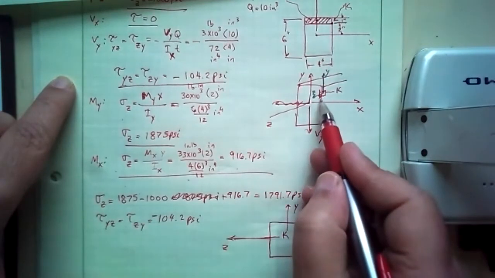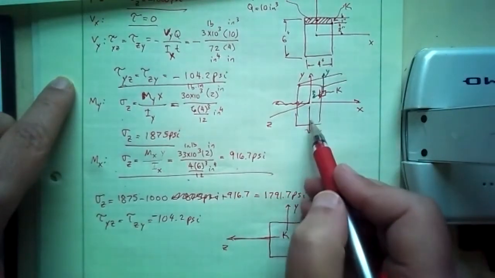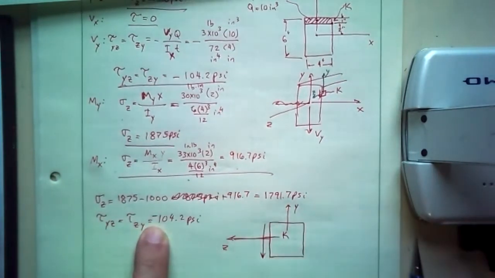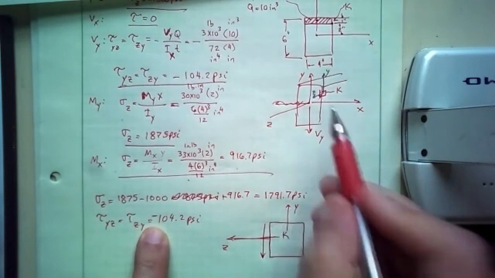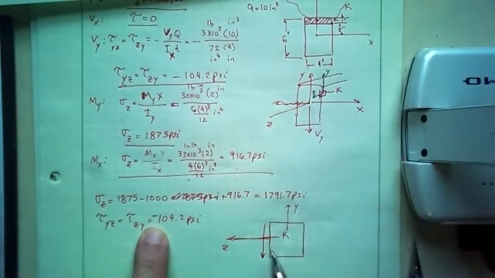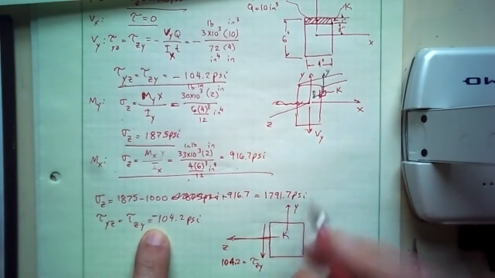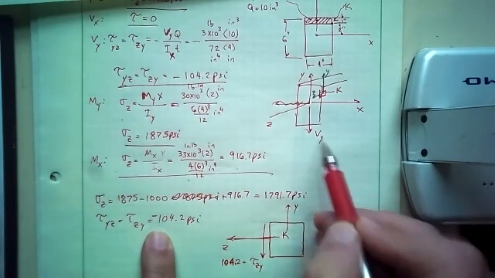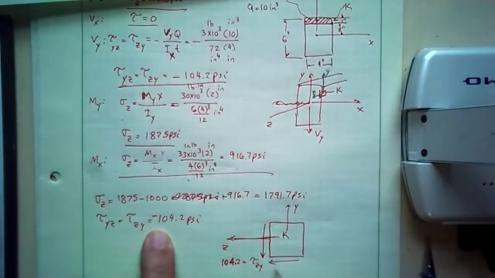So the shear stress, I already have it in the same direction as Vy, and it's a negative y, so I am going to put that right there. This face is the leading edge of that element K, and its shear stress is tau zy, 104.2, in the same direction as the shear force Vy, the direct shear. So based on that, I have all the other ones.